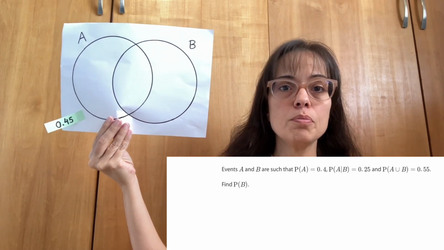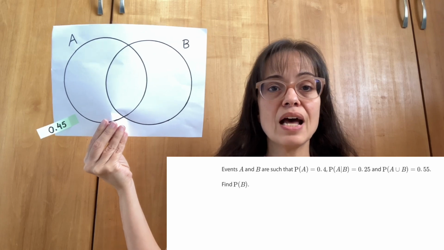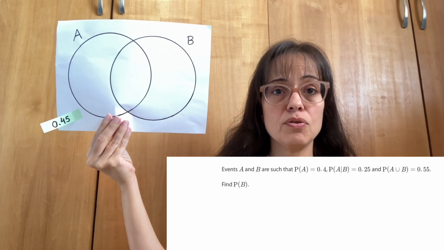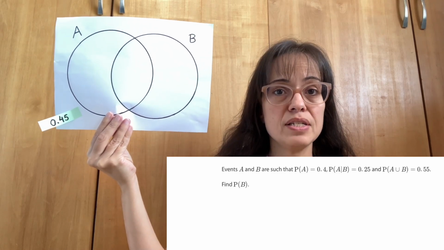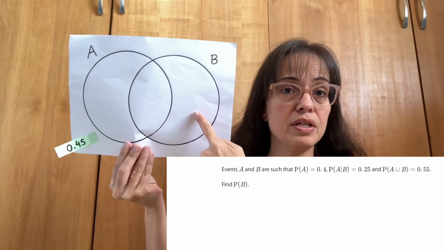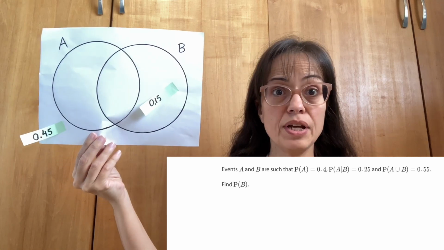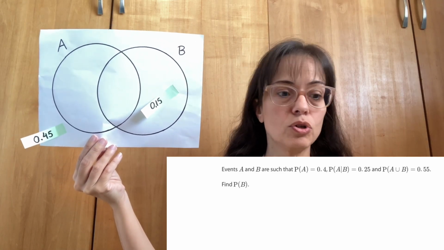For example, the probability of A here is 0.4, which means that outside of A, the complement of A needs to be 0.6, and it already has a 0.45, so I'm going to put 0.15 here. This is exactly what I've been doing in the other questions, and I really am going to have to handle that conditional.